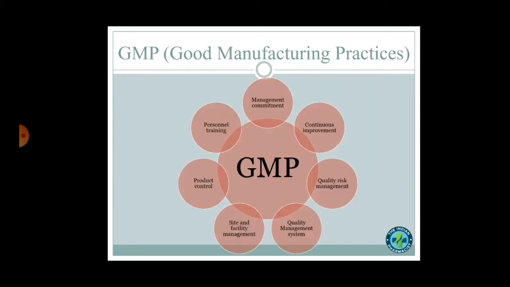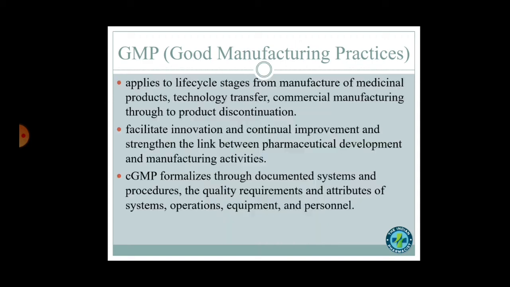The main aspects of GMP include management commitment, continuous improvement, quality risk management, quality management system, site and facility management, product control, and personnel training. GMP is applicable to life cycle stages from the manufacturing of the investigational product, technology transfer, and commercial manufacturing through to product discontinuation.